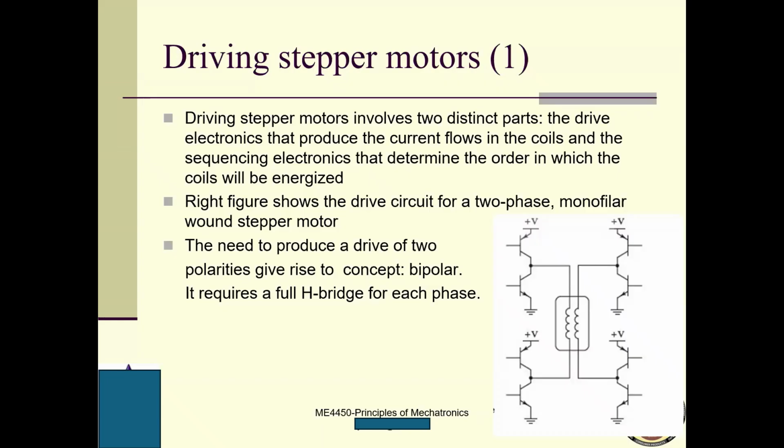The need to produce a drive of two polarities gives rise to the concept of bipolar, and this requires a full H bridge for each phase. For this phase, we have this one, and we call it the full bridge. And for this one, we have this half bridge, and we still call this one a whole bridge.